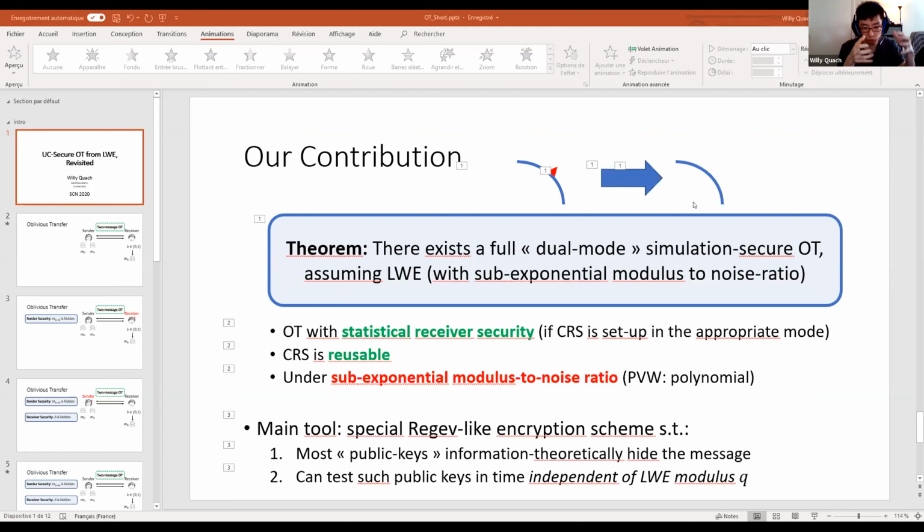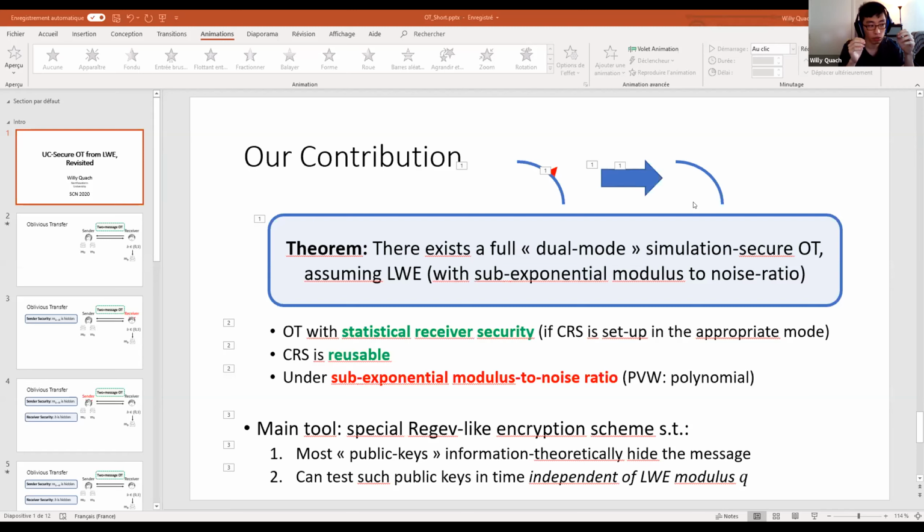But if you consider the larger set in which those public keys live, and you sample a public key independently, uniformly in that, and try to encrypt the message using such a public key, then those public keys will information theoretically hide the message. So in some sense, most of the public keys are kind of garbage, and will actually not encrypt properly in this very strong sense.